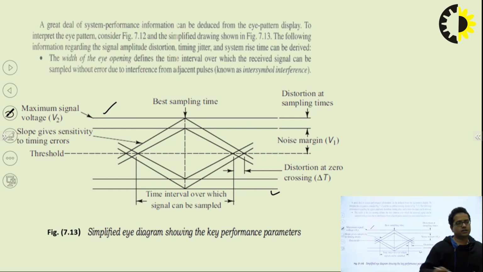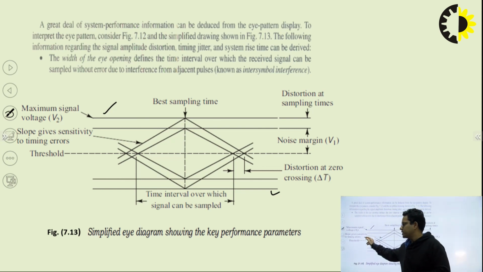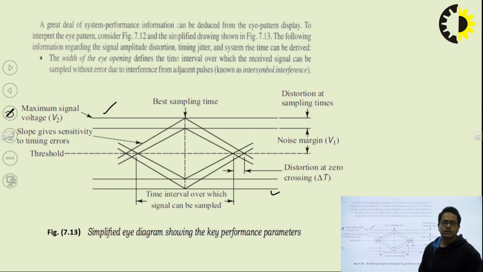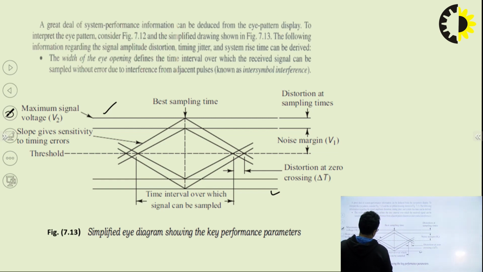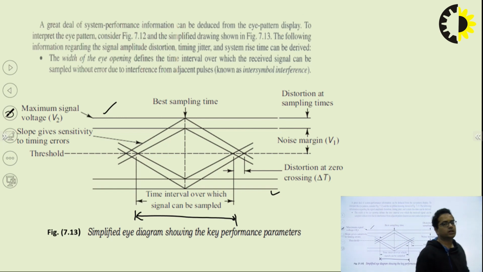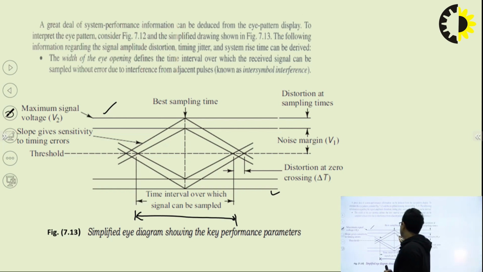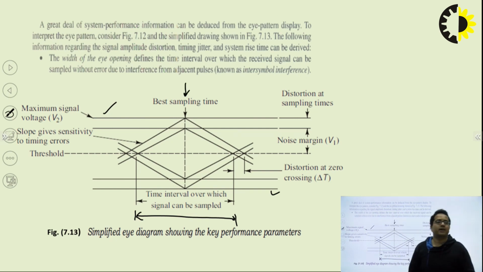So this gives a decrease in the sensitivity of the receiver, and the time interval over which a signal can be sampled is given by this width, right? And the best sampling time for the signal is this point at which the opening of the eye is maximum.